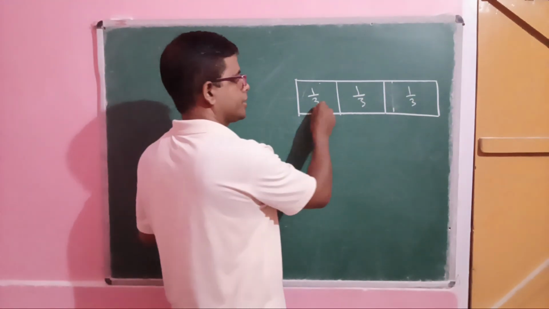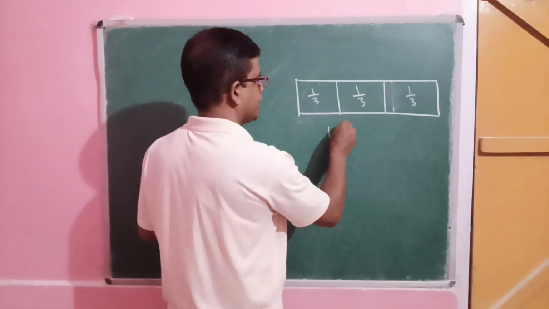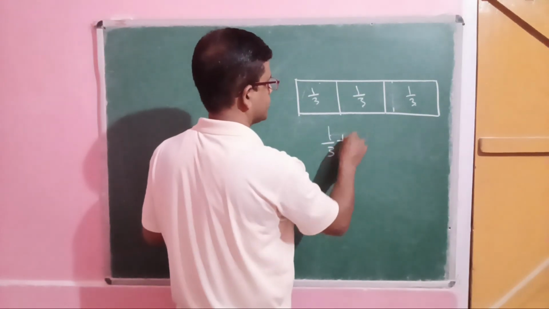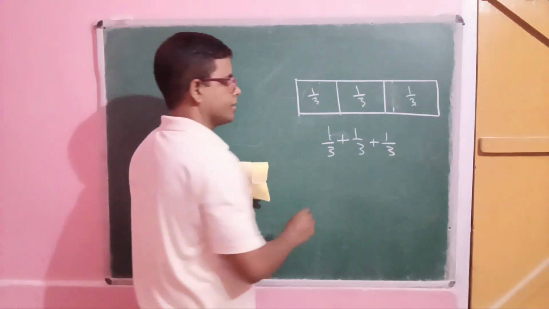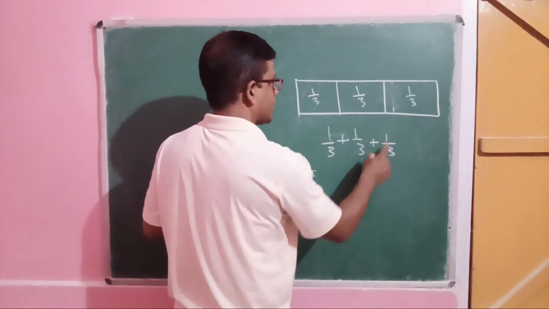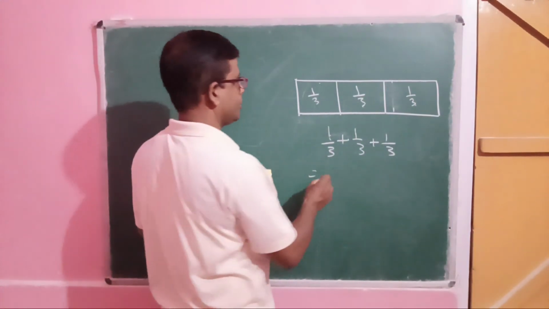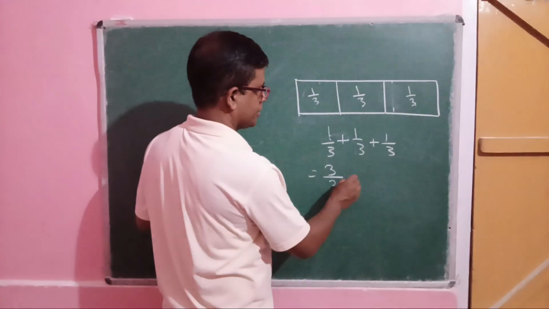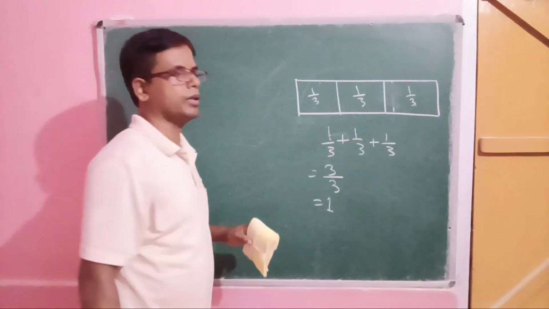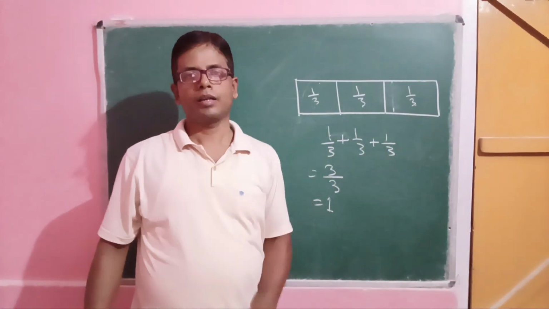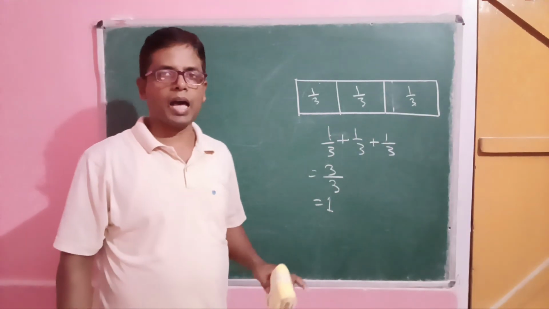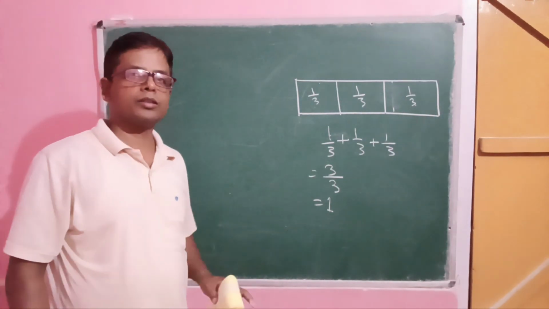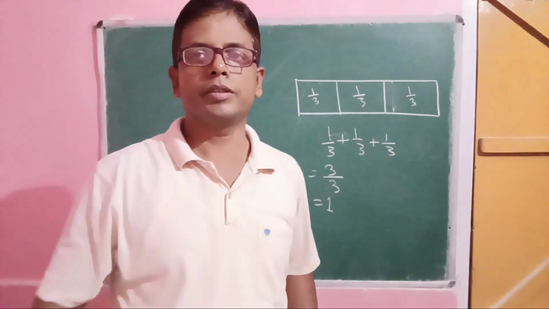So 1 of 3, 1 of 3, 1 of 3. If we add 1/3 plus 1/3 plus 1/3, how many 1/3? 3 1/3. That means 3/3 is equal to 1. This way we can represent using an apple or a rectangle also, and we can find the sum of fractions. Okay, it's very easy.